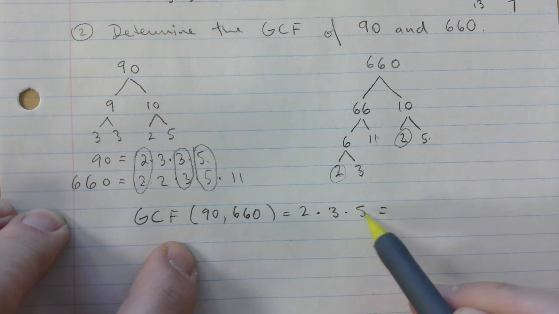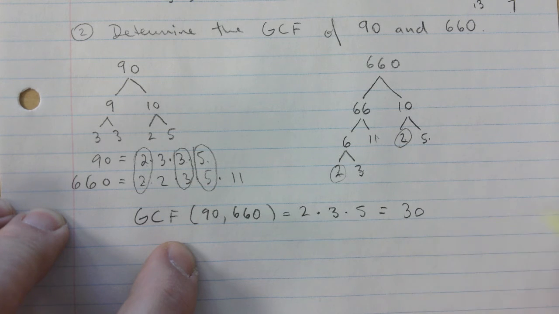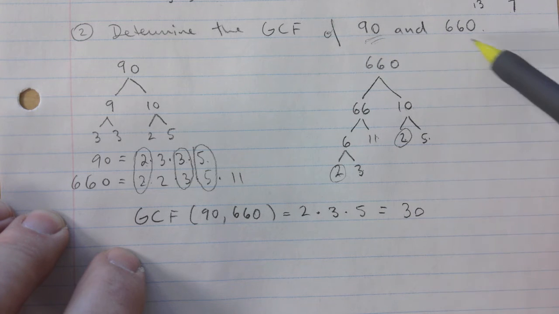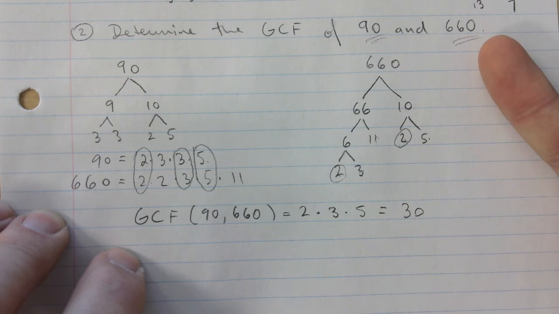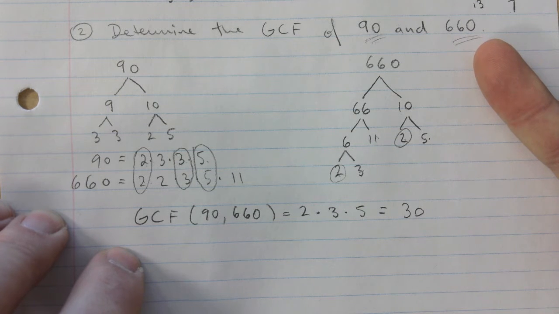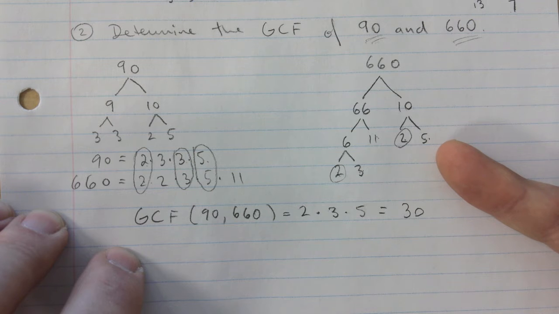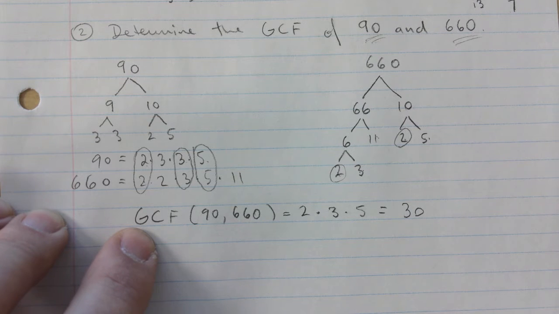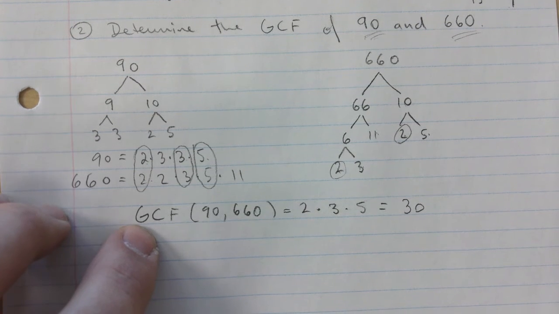Right? So this is 6 times 5 is 30, which you probably, I can see a few of you, if not all of you, probably having guessed that right away just by looking at the numbers. But don't do that, because you're going to be in trouble. I'm going to put tricky ones in there where you will not be able to guess. You'll have to resort to doing this. In fact, you always show your work no matter what. Okay, guess and check is not going to get you by.